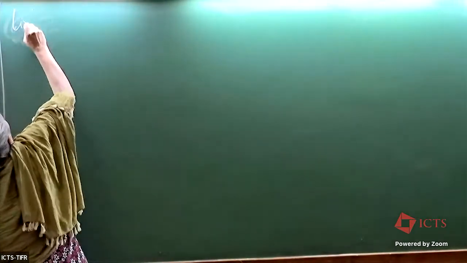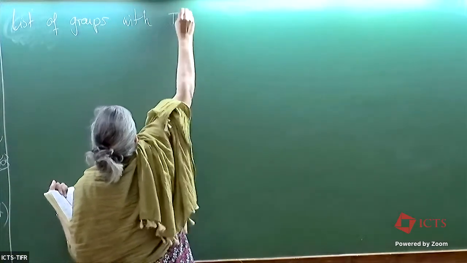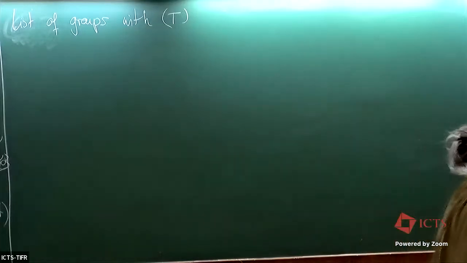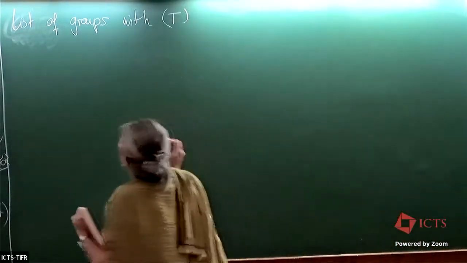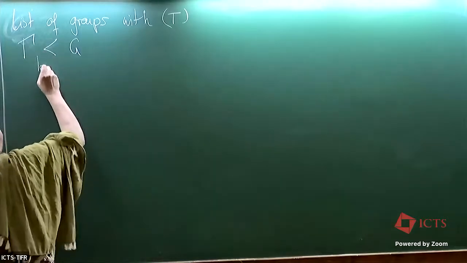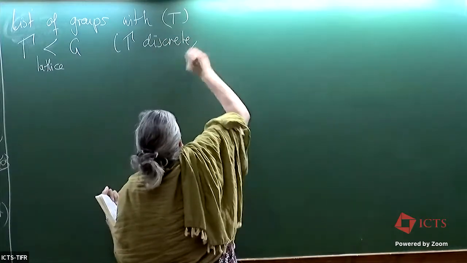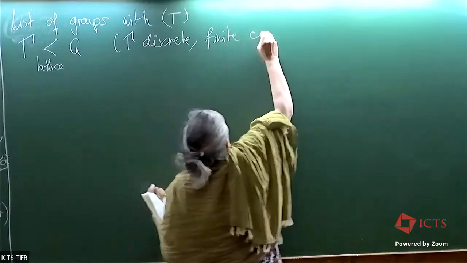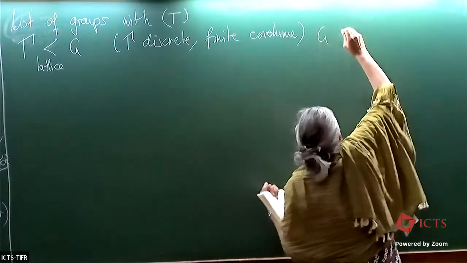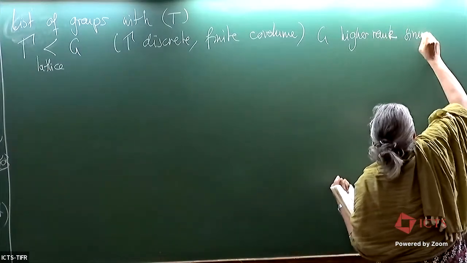Let me just list groups with T. The ones that were the motivation of Kazhdan are the lattices Gamma in G, where Gamma is a lattice, I mean that Gamma is discrete with finite volume, and G is a higher rank simple Lie group.